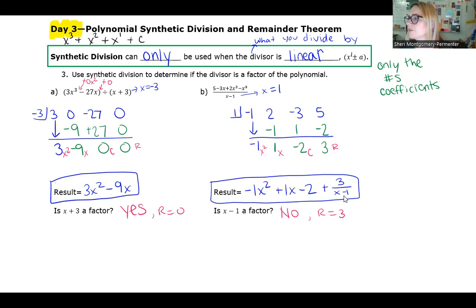So if your remainder is 0, you can stop. That is synthetic division.